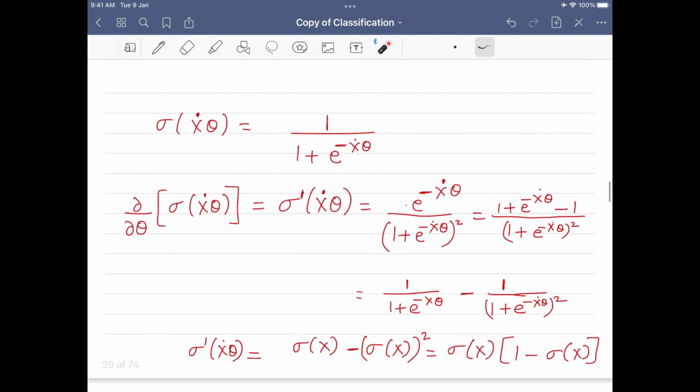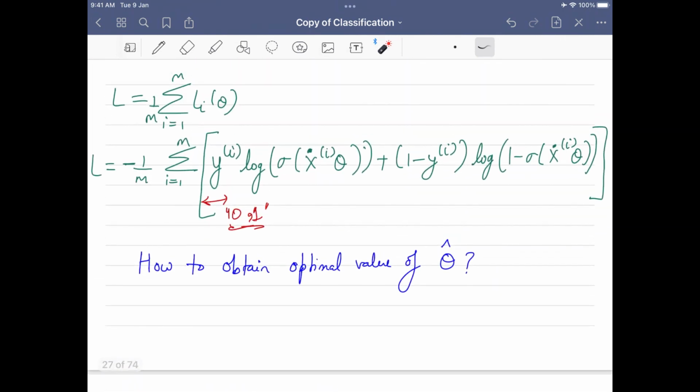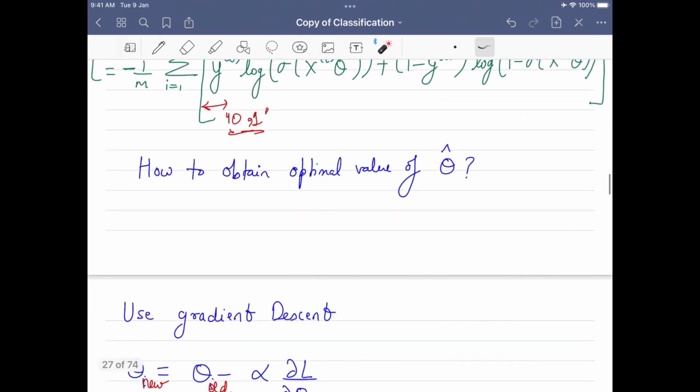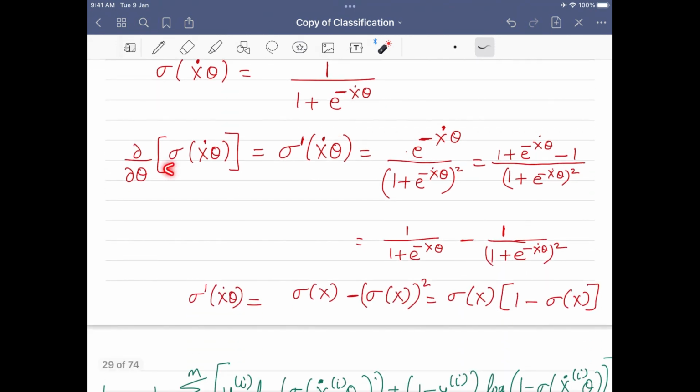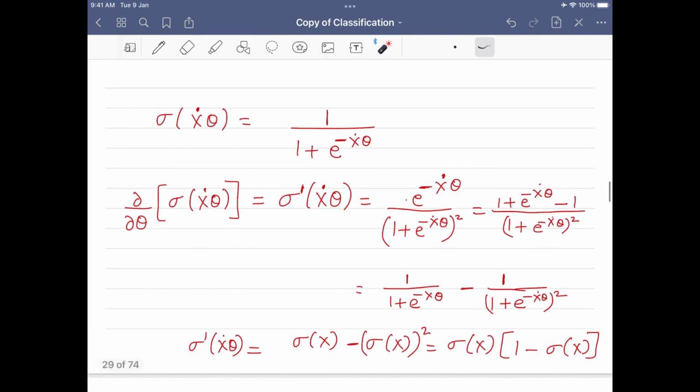Before going there, let me tell you one thing, that we have this sigma inside. So if we take the derivative of this sigma, because sigma is defined like this, the derivative of sigma of x dot theta with respect to theta, you can easily see from this derivation, which I am writing as sigma dash of x dot theta, is nothing but this expression, which is sigma of x times 1 minus sigma of x.